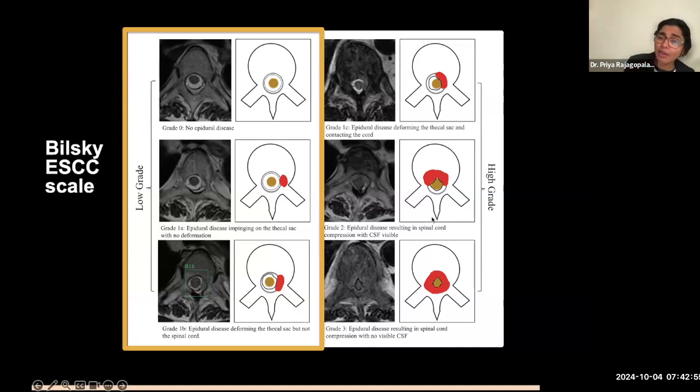And then grade 2 and grade 3. Grade 2 is more than touching the cord, it also starts deforming the cord, but there's still a little bit of CSF left. And grade 3 is when there's basically no CSF left, and the cord is really tightly compressed. So why do we use this? It gives the surgeons and the radiation oncologists a sense of how to treat the tumor. So for grade 0, 1A, and 1B, they can just radiate the tumor and have good results.